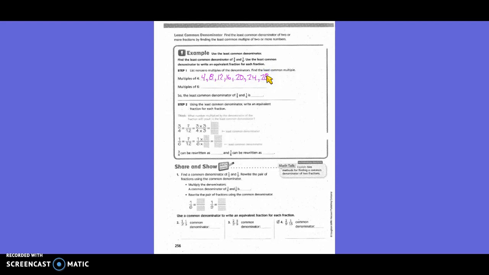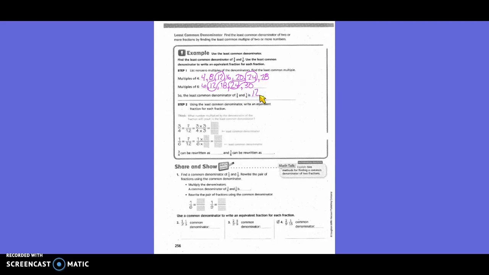All right, so what are the multiples of 6? 6, 12, 18, 24, 30. Okay, so what are my common multiples, guys? 12 and 24. So the least common denominator of 3/4 and 1/6 is 12.